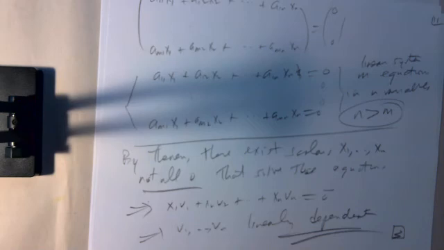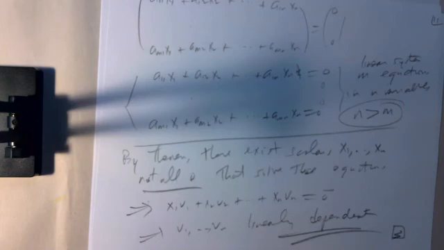So we saw an example with those unit vectors, 1, 0, 0, 0, 1, 0, 0, 0, 1. We also saw a pair of vectors that were linearly independent, and some vectors that were linearly dependent.